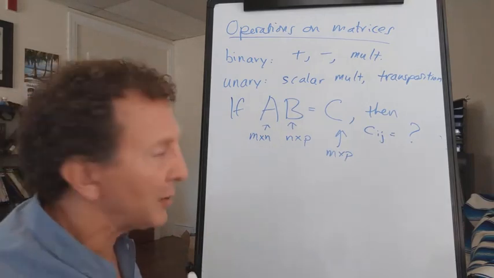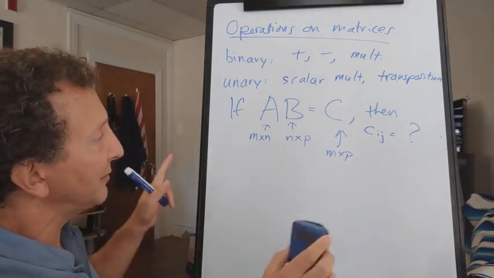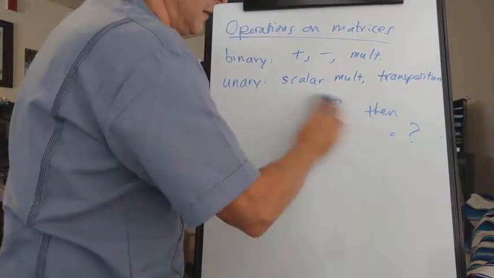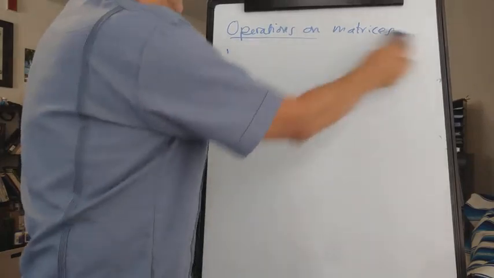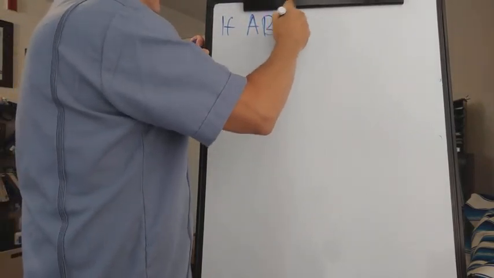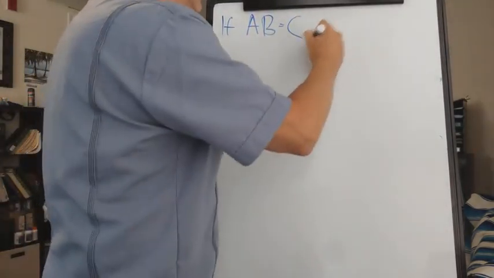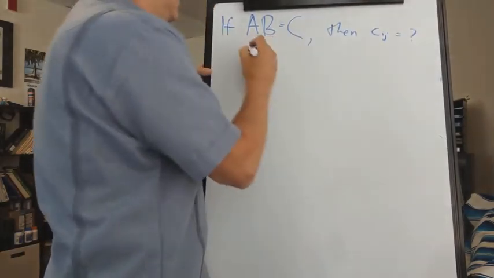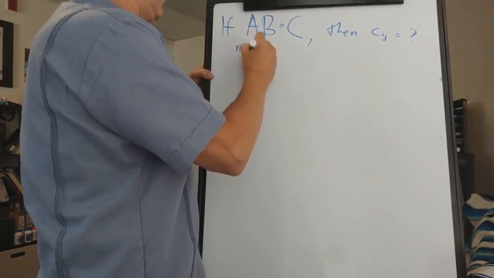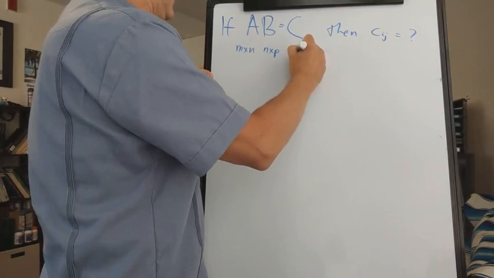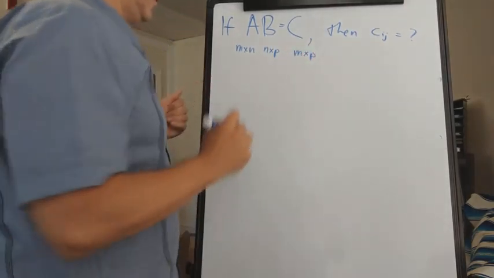I think it would be best if I erase the whole board and then use everything to show this. If AB equals C, then the ij entry of C is what? A is an m by n matrix, B is an n by p matrix, and C has to be an m by p matrix.